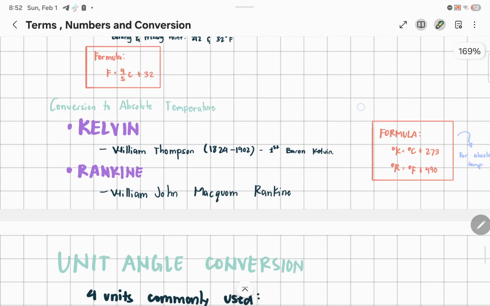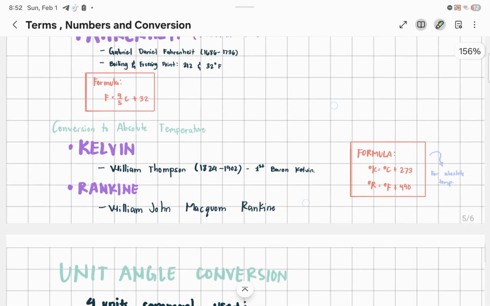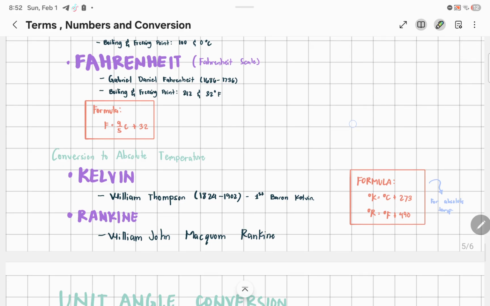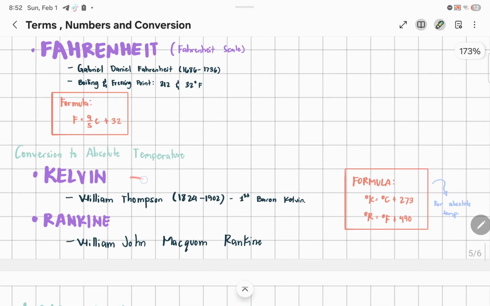Now, conversion to absolute temperature. Our absolute temperatures are Kelvin and Rankine. Kelvin was introduced by William Thomson, the first Baron Kelvin, and Rankine was introduced by William John Macquorn Rankine.